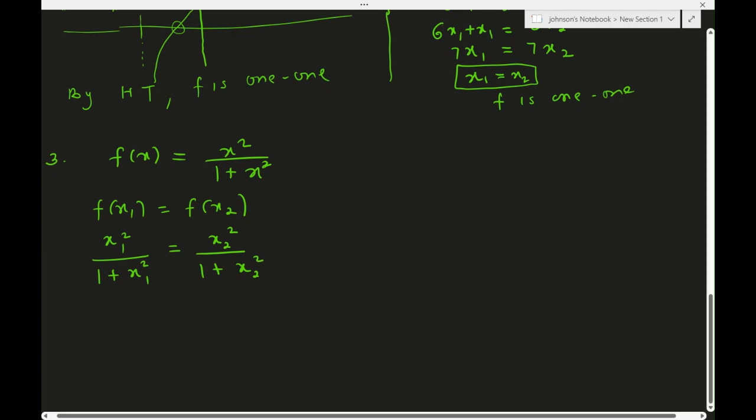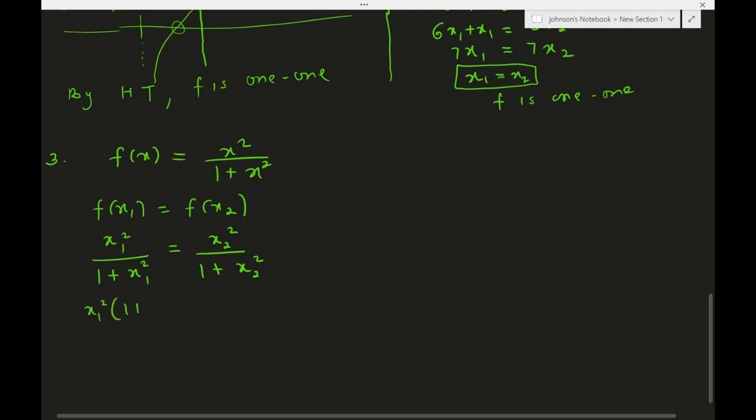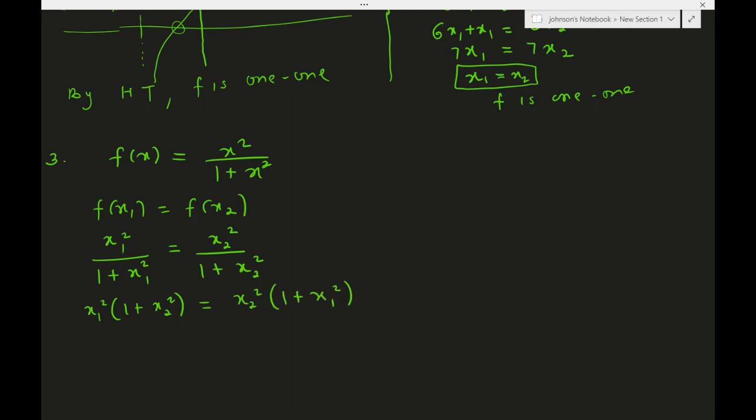And so we can cross multiply so that you have x1 squared times 1 plus x2 squared, and this will be x2 squared times 1 plus x1 squared.